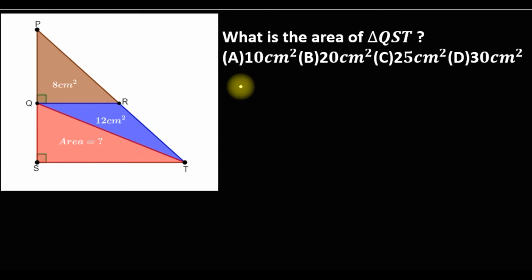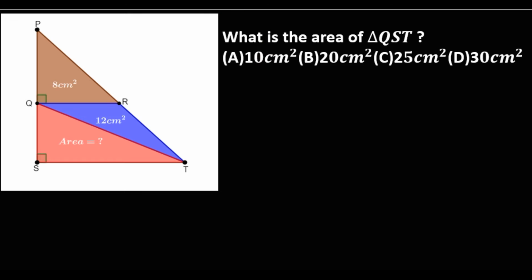And we are going to use a theorem in similar triangles that states that the ratio of areas of 2 similar triangles is the same as the ratio of the squares of their corresponding sides.